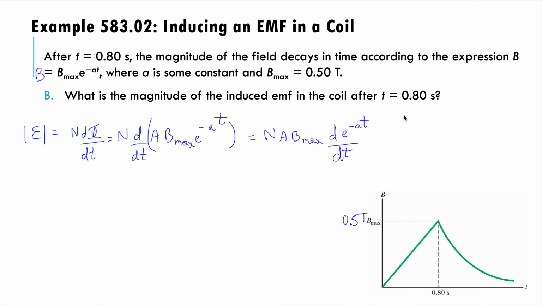All right. And now we can go ahead and solve this. We know that we're going to have N A B max, and then we're going to have negative a and e to the negative a t.